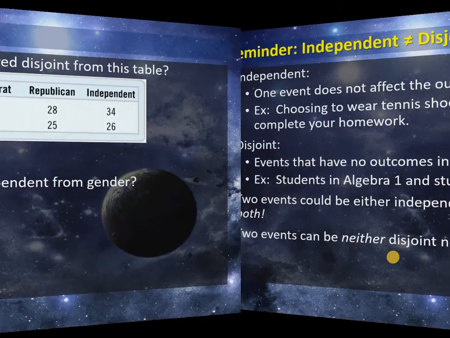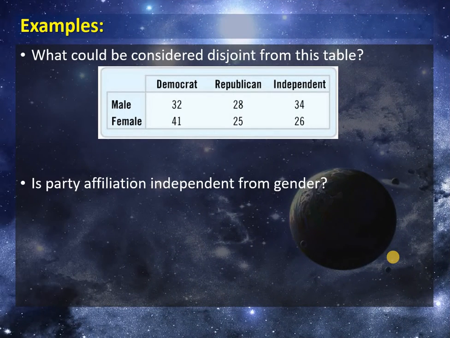Okay? All right. So take a look at this table. If I were to look at this table, what would you consider to be disjoint? Being a Democrat and a Republican? Because I'm not going to fall into multiple of those categories at a time.